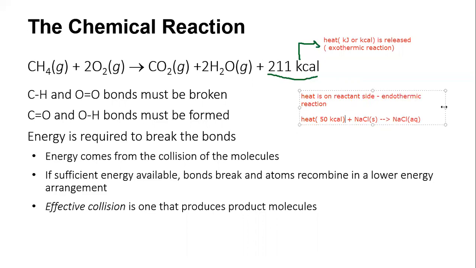And so with chemical reactions, we have those that release heat and those that absorb heat. An example of an endothermic reaction is one of those packs that you break and it becomes cold and you put it on your muscle or your bone.